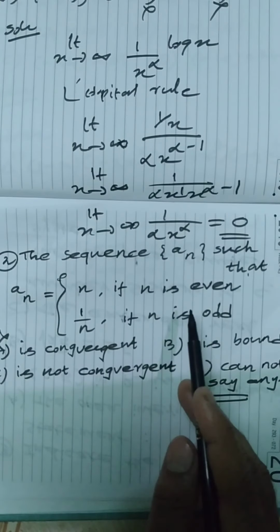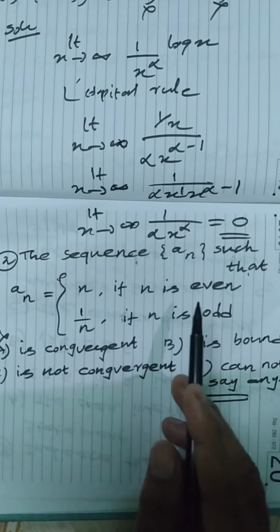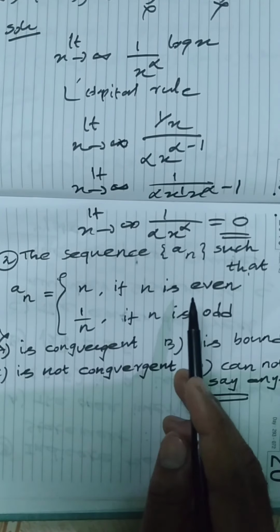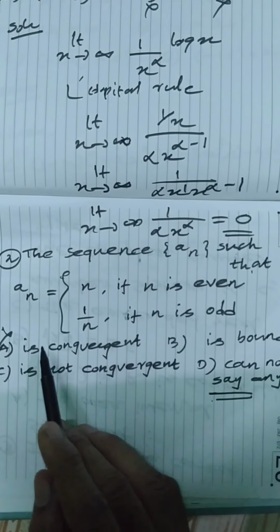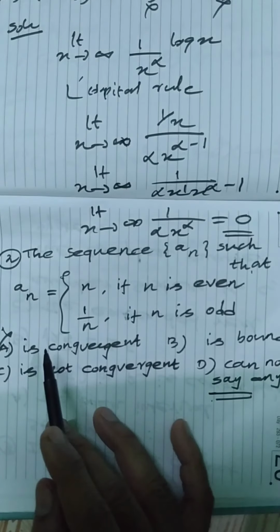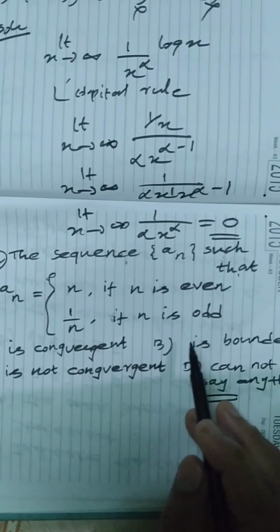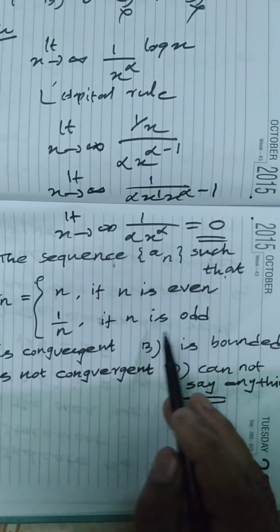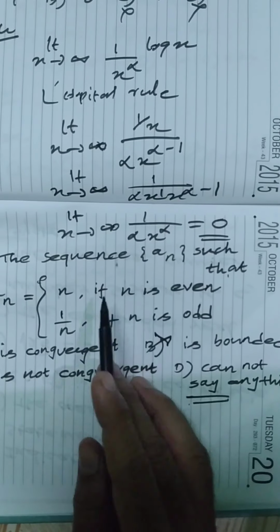But a convergent sequence has only one limit. Is bounded is also wrong, because it is an unbounded sequence.